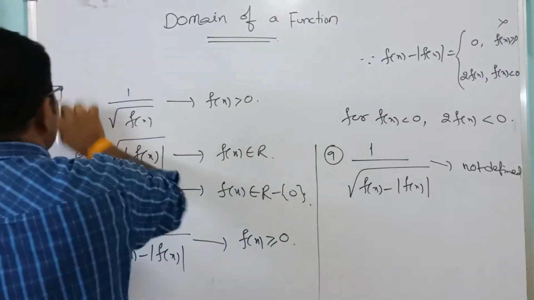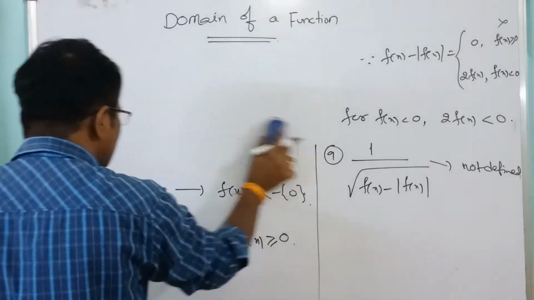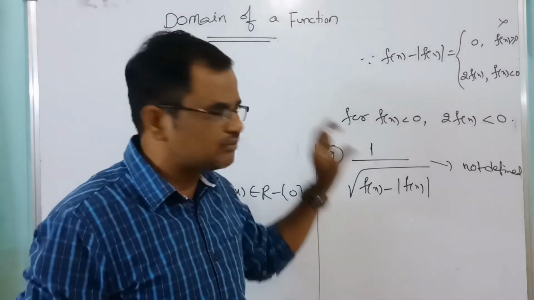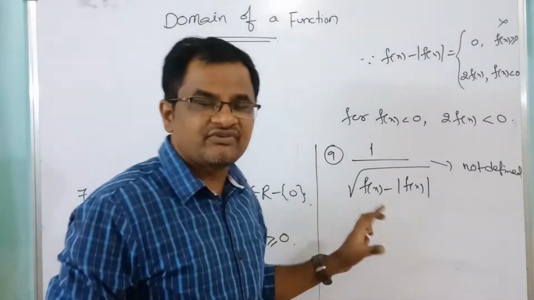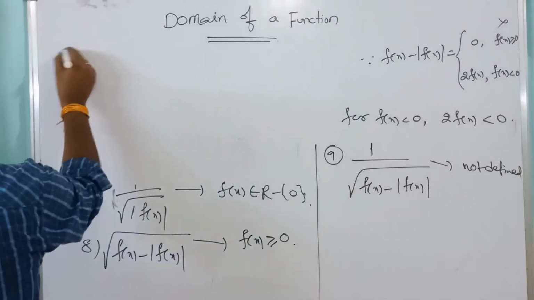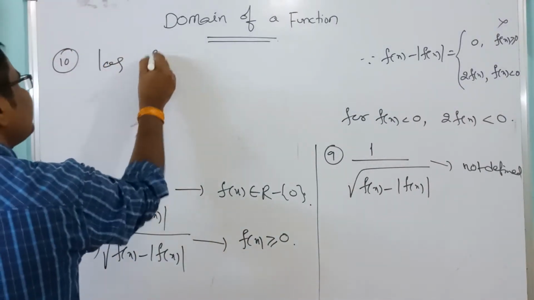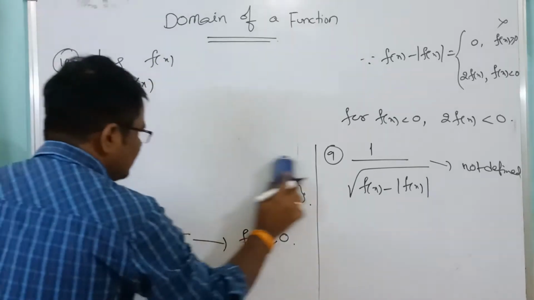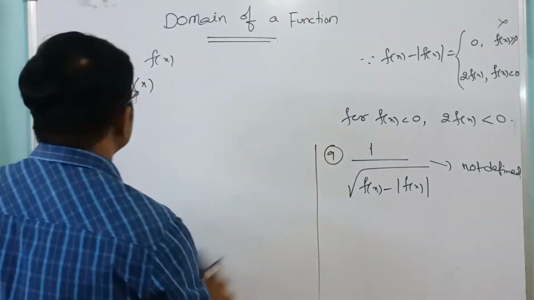All these are the most important rules and tips for finding the domain of the function. Next, suppose log of f of x to the base g of x is given.